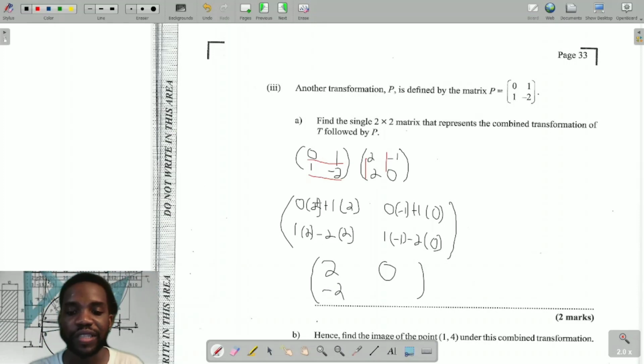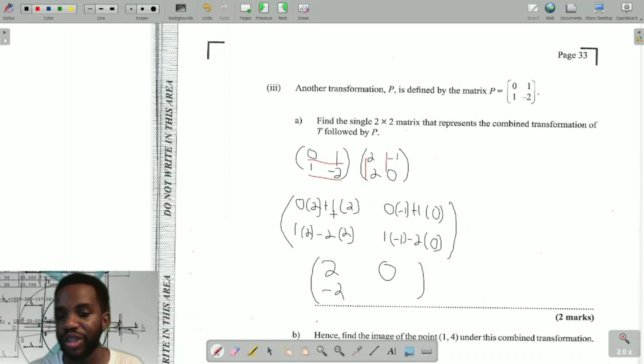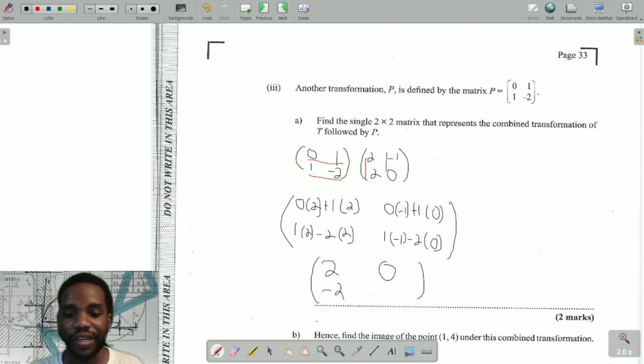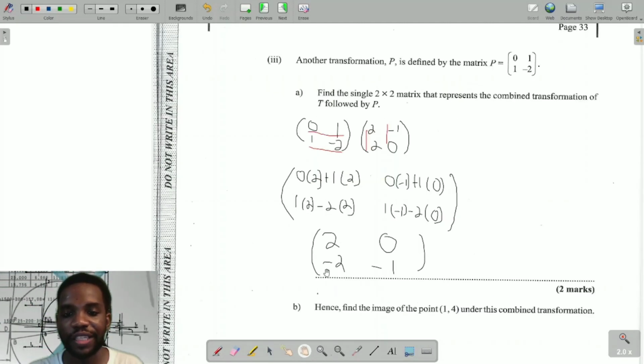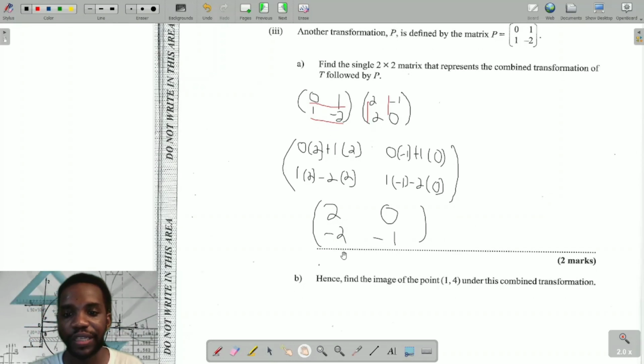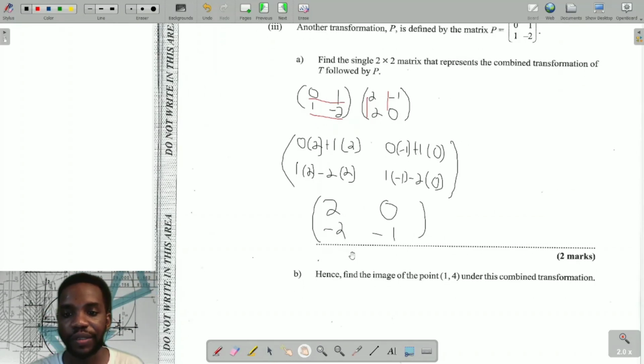Now remember, you can use the calculator to quickly do this, so you don't waste time. 1 times negative 1 is negative 1, and then you have minus 2 times 0, which is 0. So all you have here is really minus 1. So this represents my combined matrix of T followed by P: 2, 0, negative 2, negative 1.